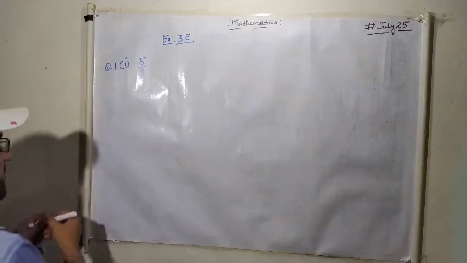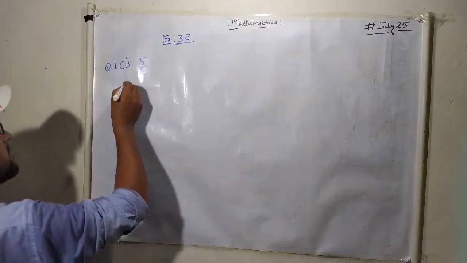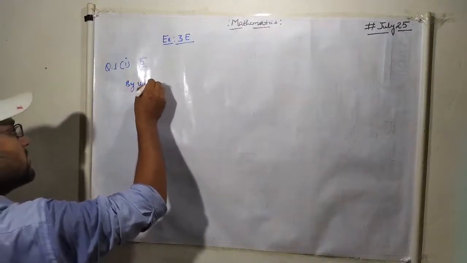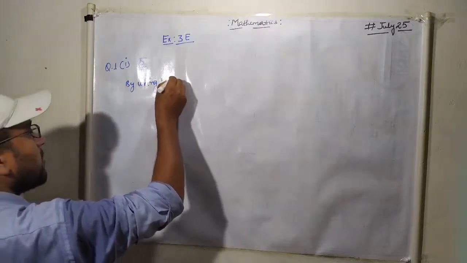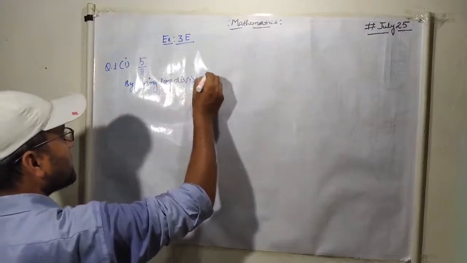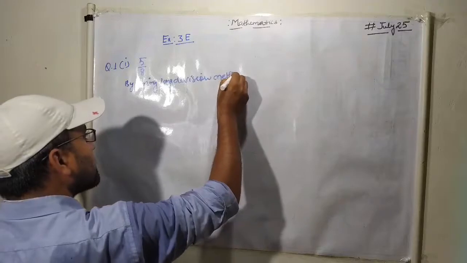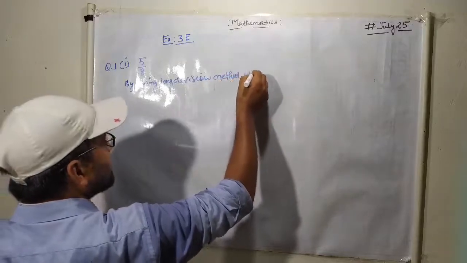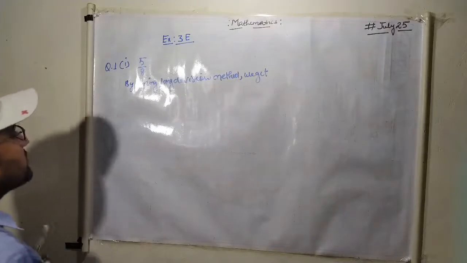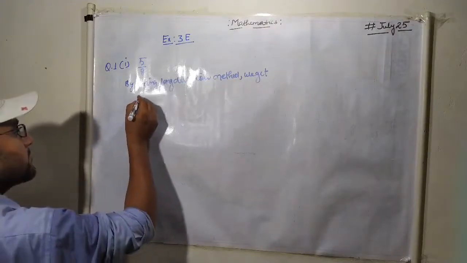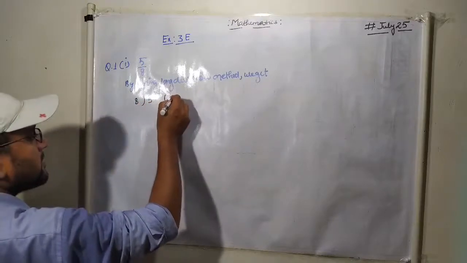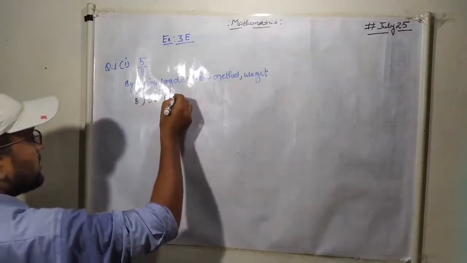But by using the long division method we get, here students, I'm going to divide this by 8. I'm going to divide 5.000 by 8.